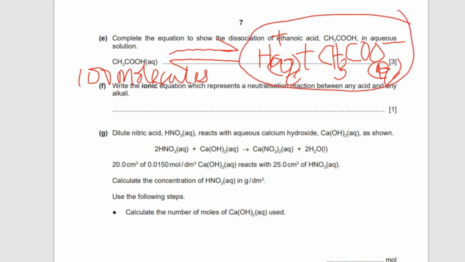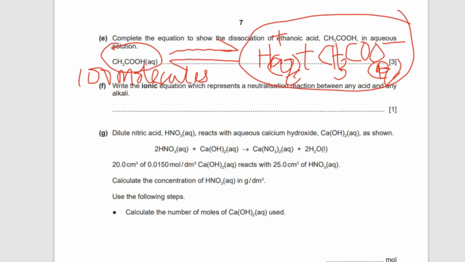The remaining 80 something will stay intact like this. So this is a partial dissociation where all the molecules you have are not dissociating. Only a few of the molecules are dissociated to give you H+.